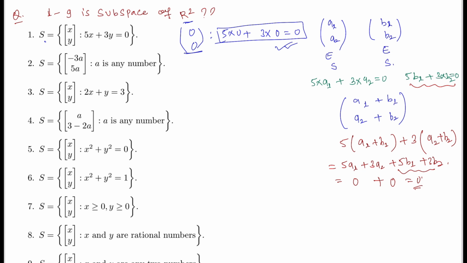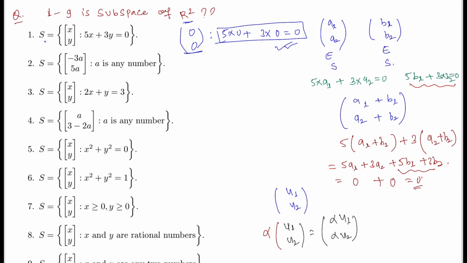Now the third condition that we need to check is that if I pick any vector from this set S, let's say a vector u1 with second component u2, and I do the scalar multiplication where alpha belongs to the real numbers, then the resulting vector I am getting is alpha times u1 and alpha times u2.